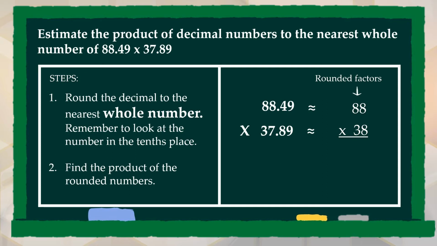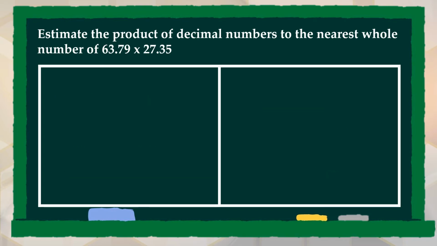Next step is to find the product. So we are going to multiply 88 times 38. So 88 times 38 is equal to 3,344. So the estimated product of 88 and 49 hundredths and 37 and 89 hundredths is 3,344.